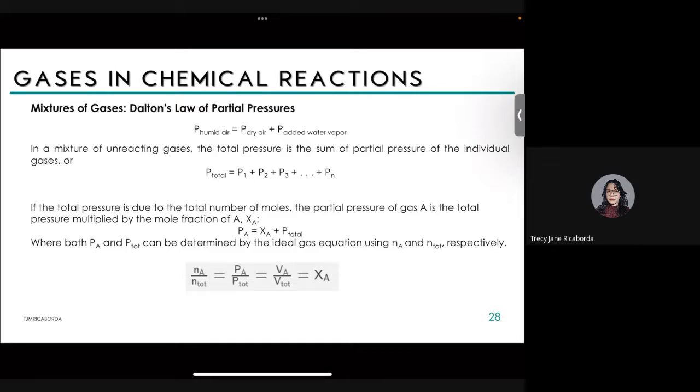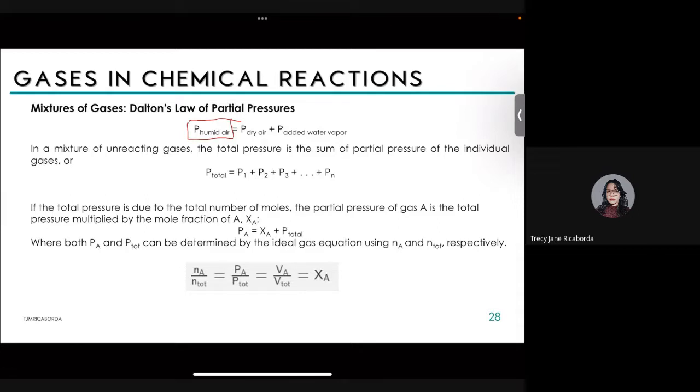Wala siyang ibang kasama. Now, following those observations, John Dalton made some experiments and observed that if he measures the pressure of water vapor, and then measures the pressure of dry air, and adds the two, the total air pressure is exactly the same as humid air.